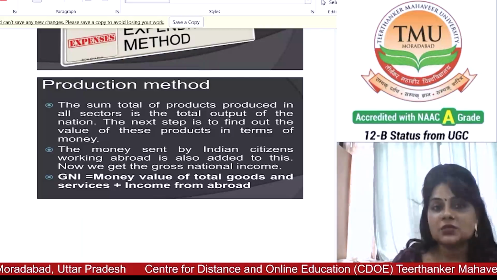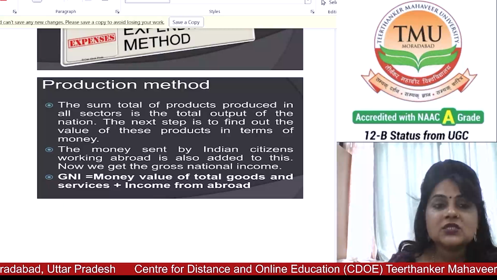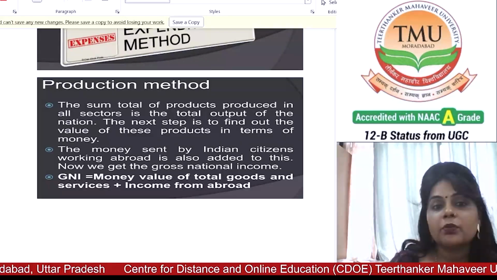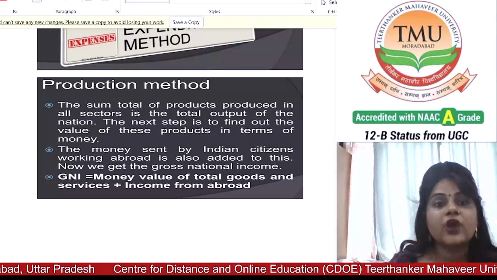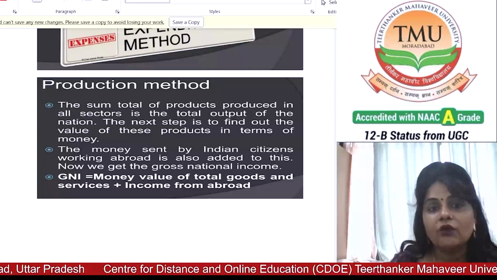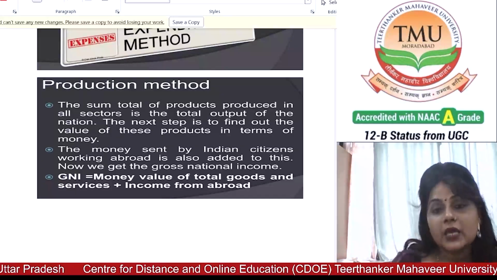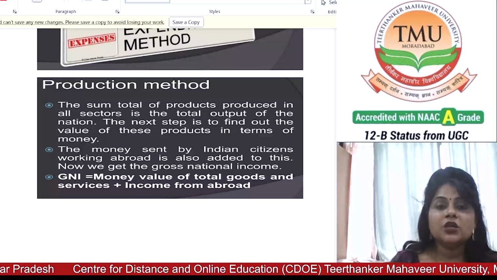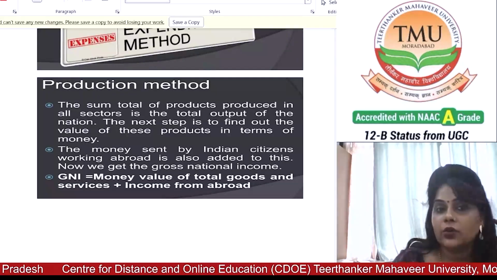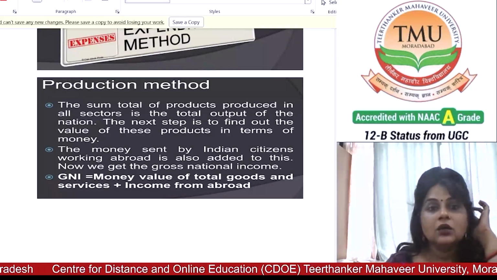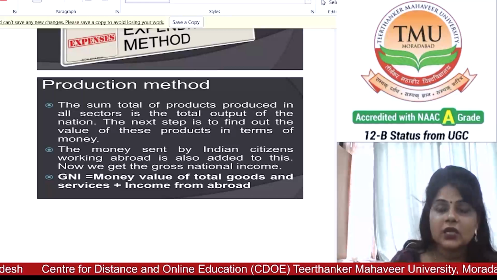Next is self-consumption services. Domestic service production should not be included. It is difficult to find the market value of domestic services like those of housewives, etc. So, production of domestic services is not included in the calculation of national income.